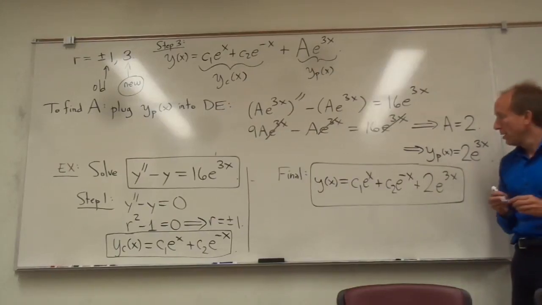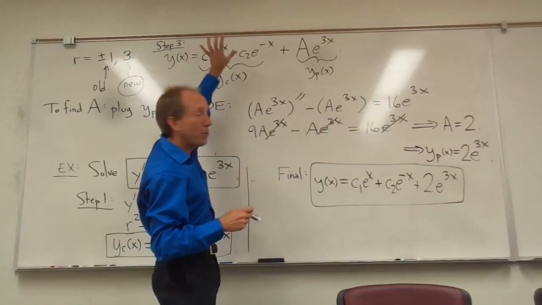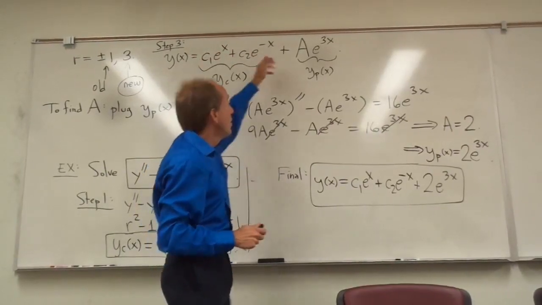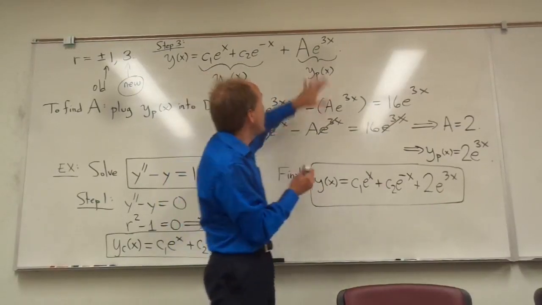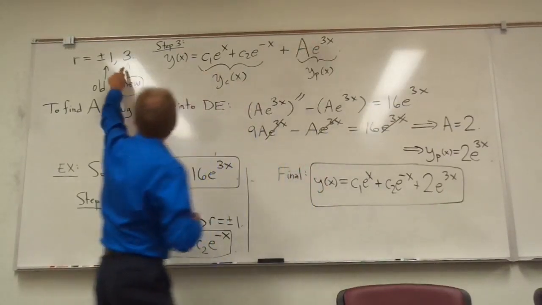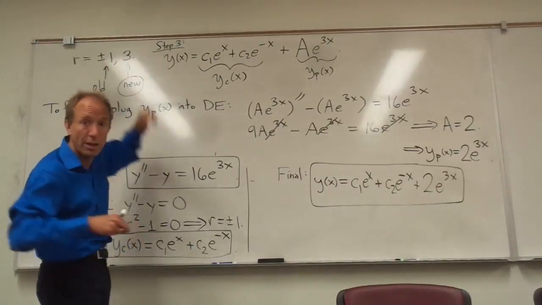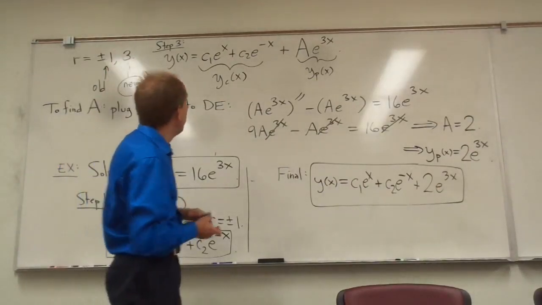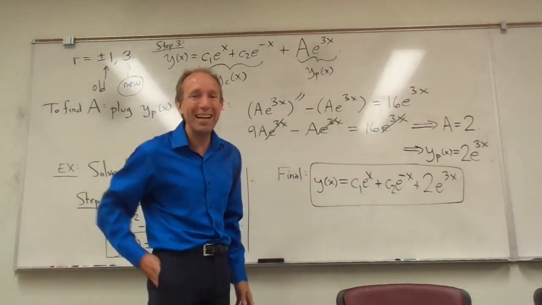Most of it, this first part, is just the complementary function. That's the old material. The new material is just telling you that you're going to be adding on a particular solution, and that's going to come from the new roots of the auxiliary equation that arise from the process of figuring out the annihilator.